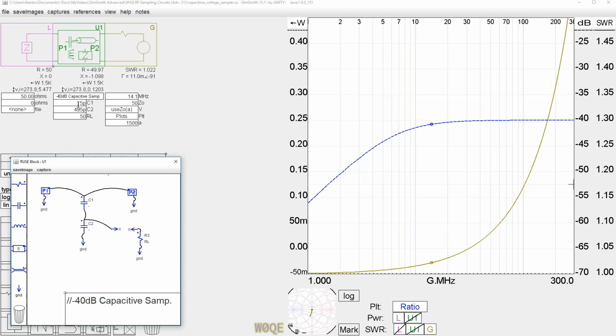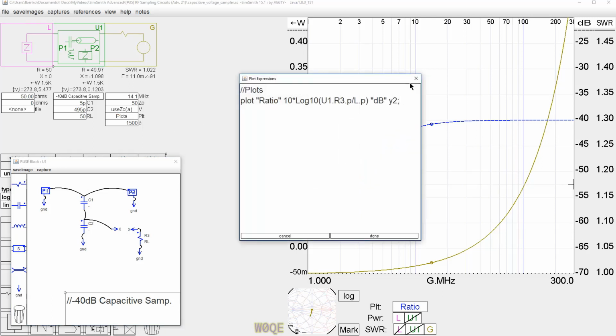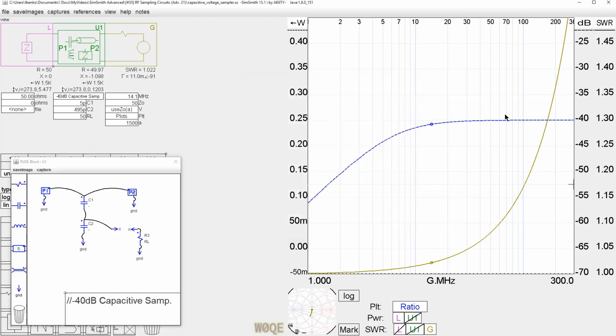So in this case, I made the upper capacitor 5 picofarads, the bottom capacitor 495, which gives us a 100 to 1 voltage divider. And we see our 40 dB coupling factor plotted the same way I plotted it in the past on the other circuits.